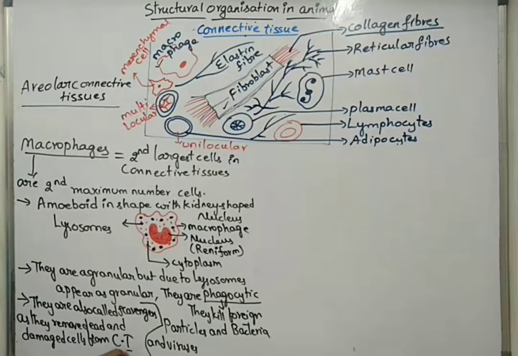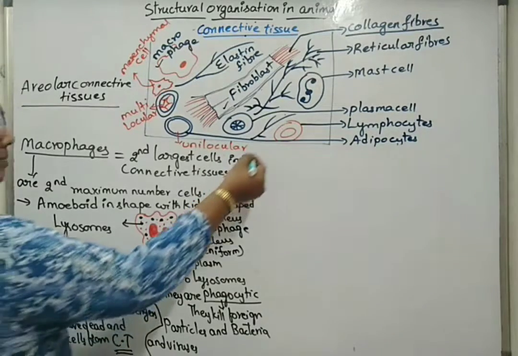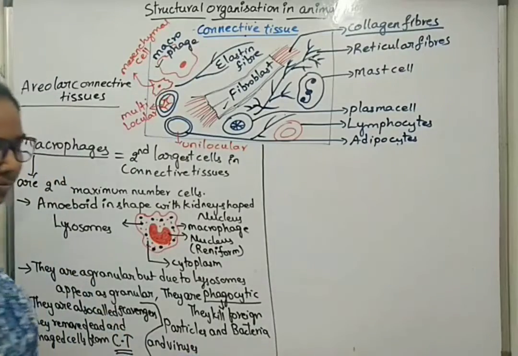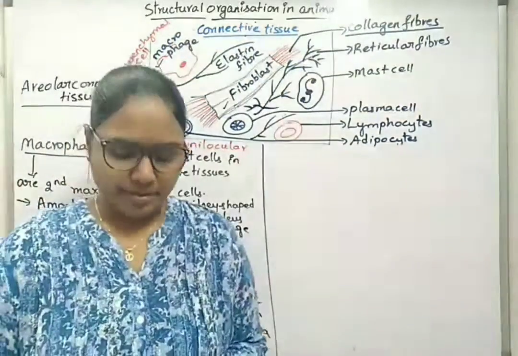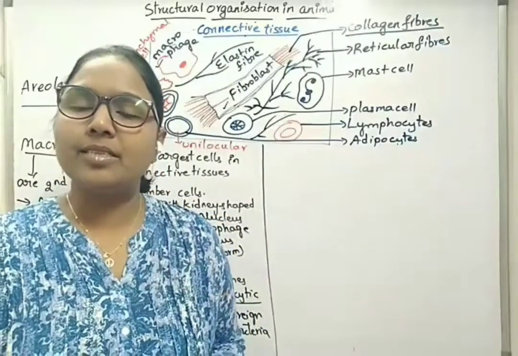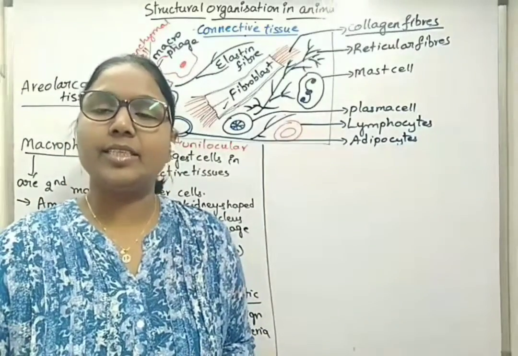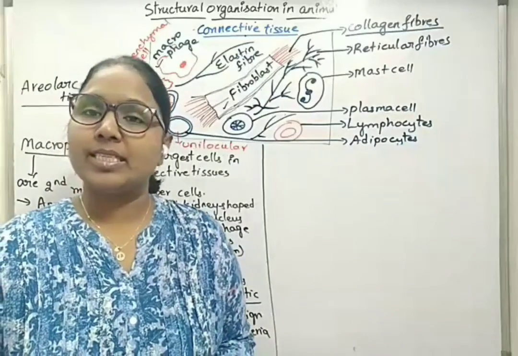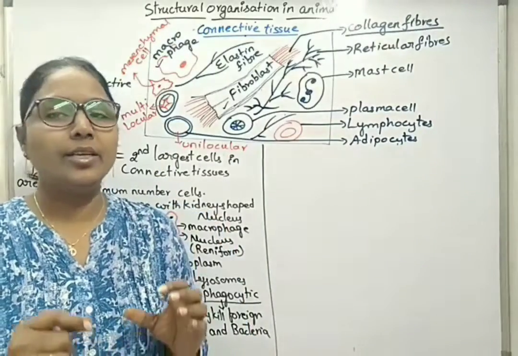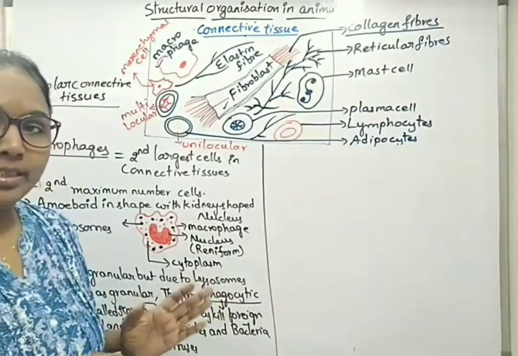From connective tissues. Connective tissues I am writing as capital C, capital T. These macrophages are phagocytic in nature, so we can say that they are also a special type of immune cells. Such types of immune cells are residing inside the tissues or inside the blood.